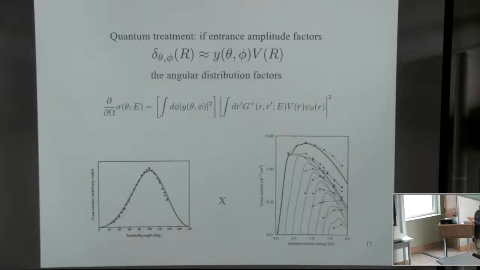We have an angular part times the result of a wave function propagation to construct the Green's function and get the cross-section from that. So it's just an angular factor times the cross-sections. Here I show cross-sections for various vibrational states. Each of those would have the same angular dependence.